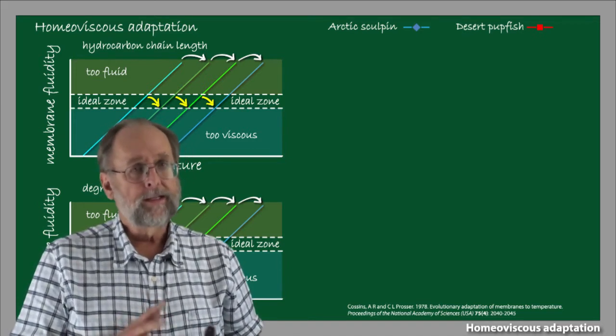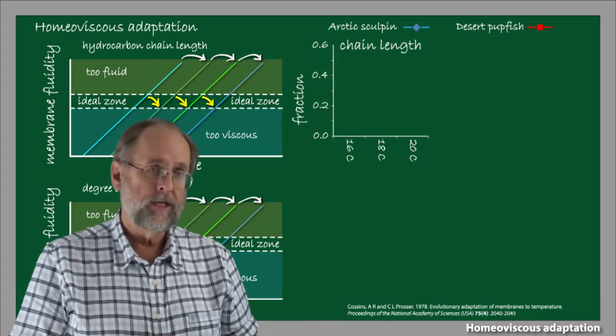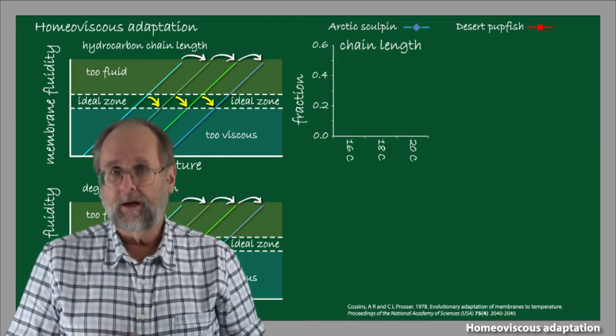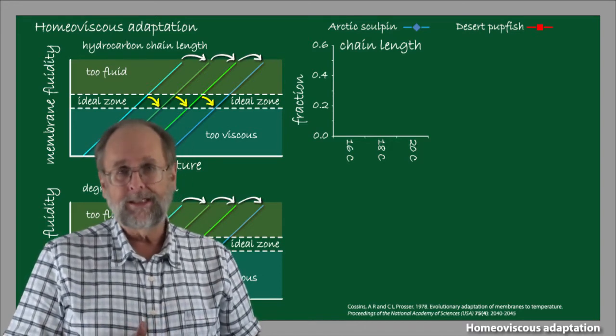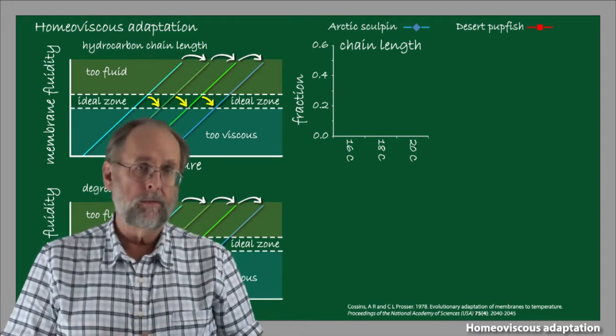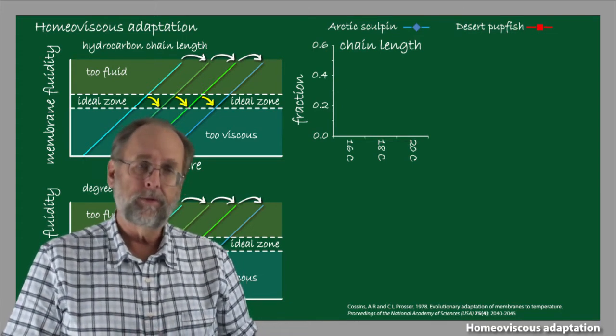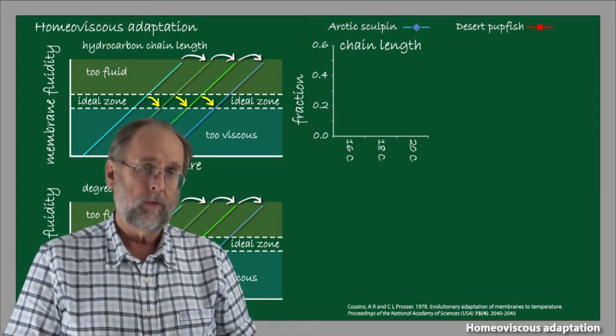Okay, let's look at the data for hydrocarbon chain length first. The lengths of the hydrocarbon chains in brain phospholipids typically run from 16 carbons long up to 20 carbons long. We're plotting here the fraction of total phospholipids for each chain length.